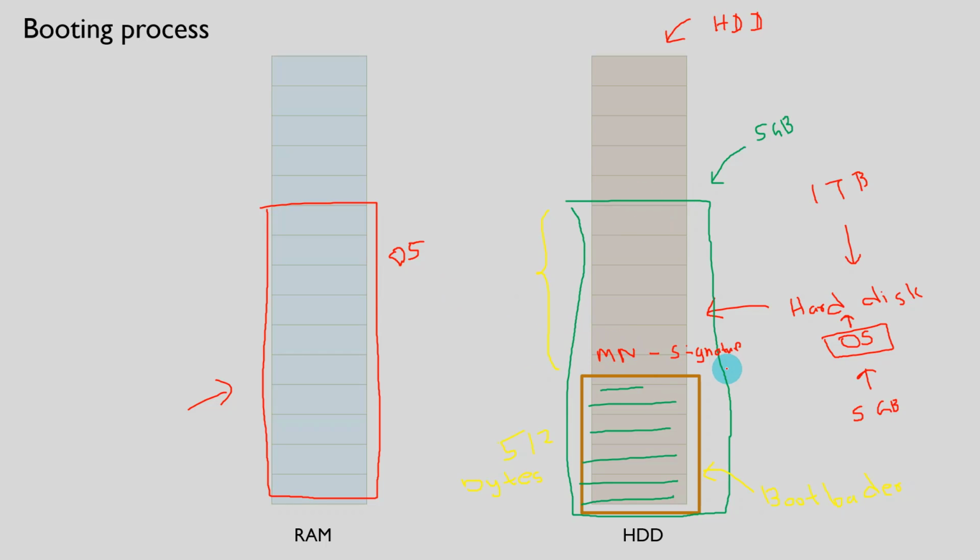What you have to understand is what is meant by this signature. The signature is basically a sign which indicates the end of the bootloader, because when your processor reads instruction by instruction, when it reaches this signature, it will know that this is the end of the bootloader and afterwards it should run the operating system.